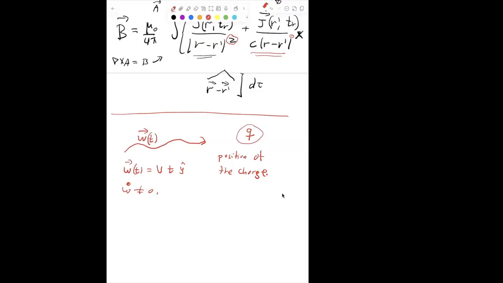We need both A and V to calculate what we want at the end of the day, the electric field and magnetic field originating from this trajectory. So this particle is moving, it has a charge, and I have some observer at some point in space, and he or she wants to know the potentials and then the electric fields. This is the very basic problem that we are dealing with.